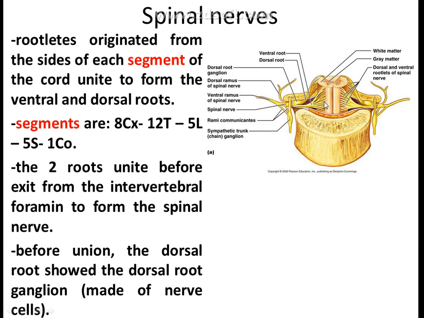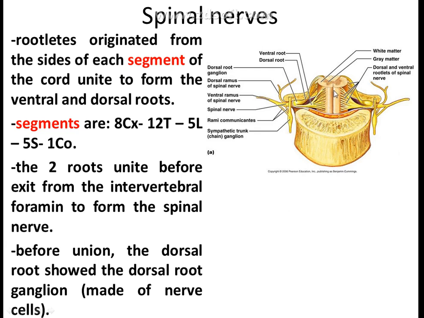So these rootlets could be seen originating from the sides of the spinal cord, ventrally and dorsally. The rootlets ventrally unite to form the ventral root of a spinal nerve, while the rootlets dorsally or posteriorly unite to form the dorsal root of a spinal nerve.